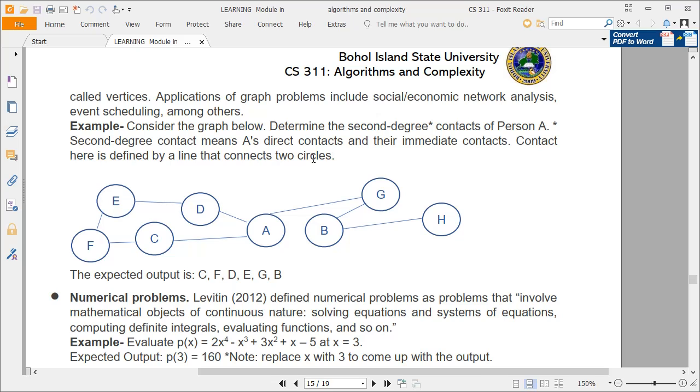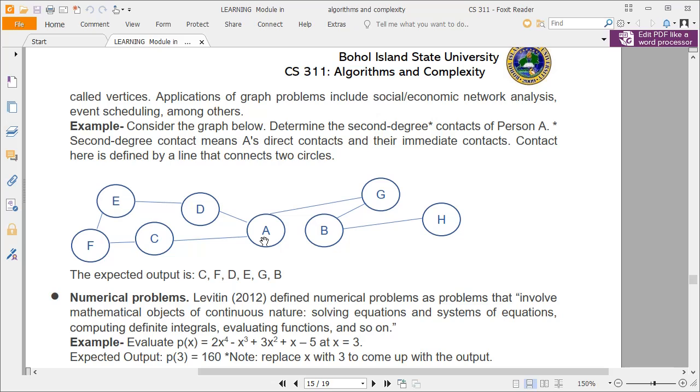Okay, for example, this is our graph. So we will need to determine the second degree contacts of A. So we will start at A. Then we follow through the edges that connect with A. So D and G and C are the direct contacts of A.